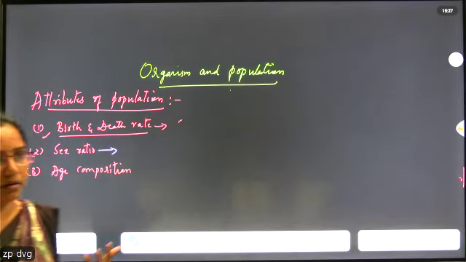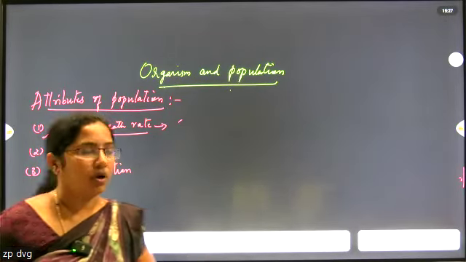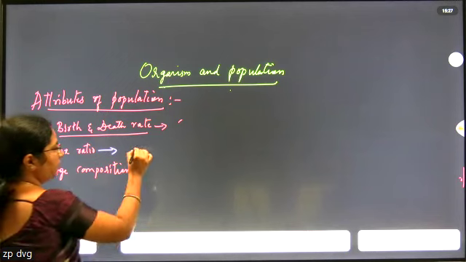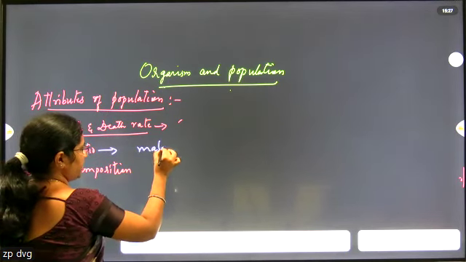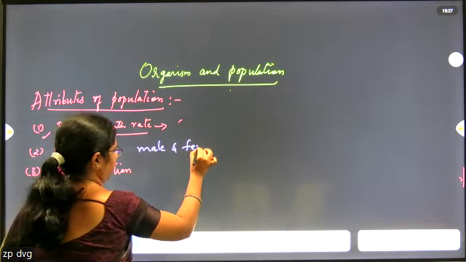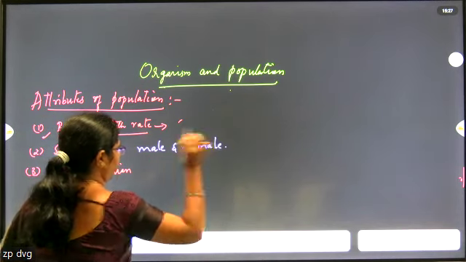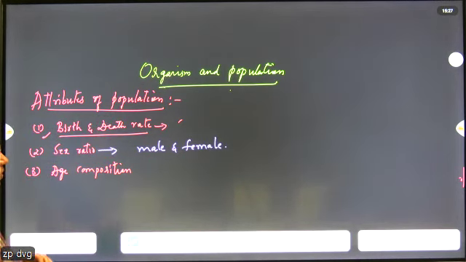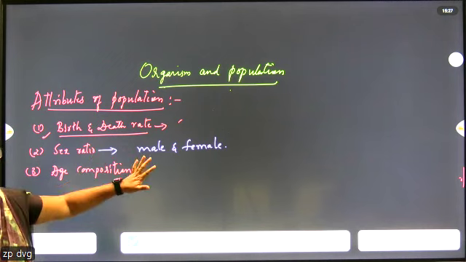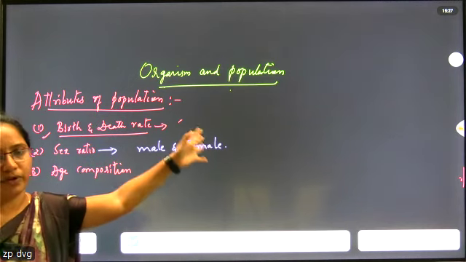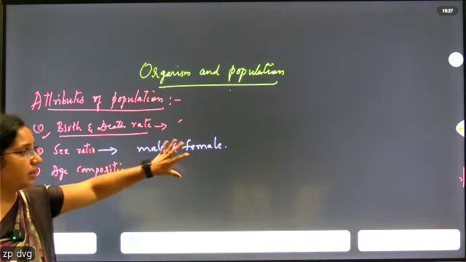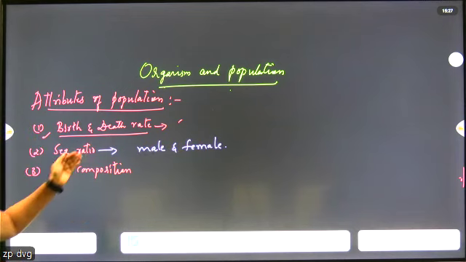If we consider human beings as a population, the human population has male and female individuals. How much percentage of male individuals are there and how much percentage of female individuals are there? That ratio we can call sex ratio.